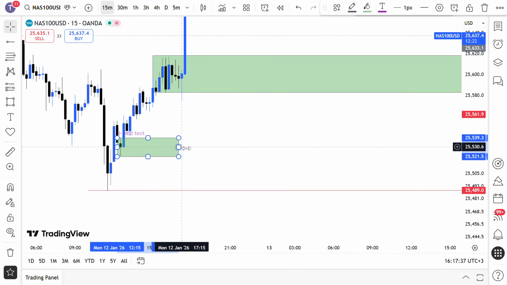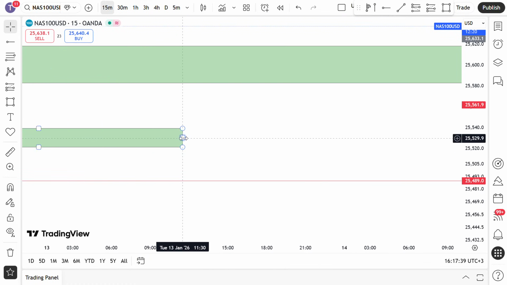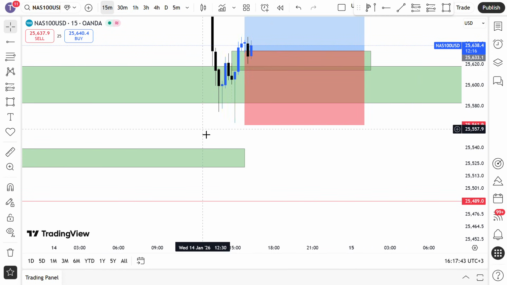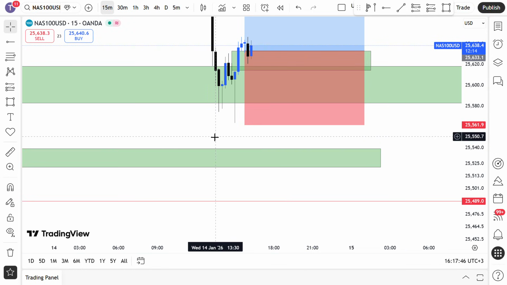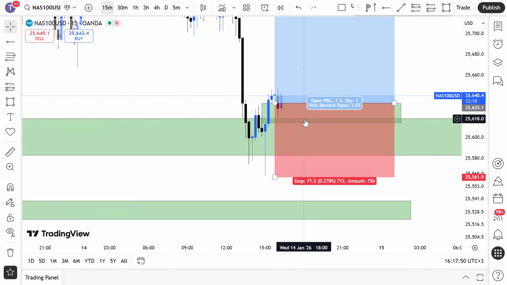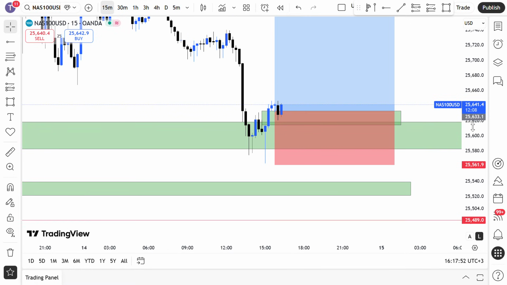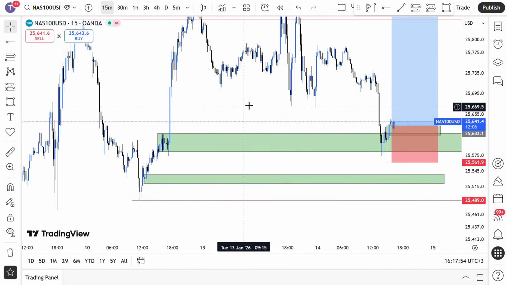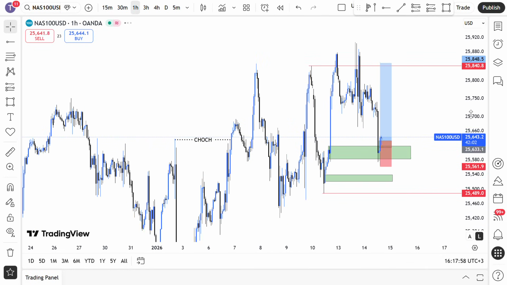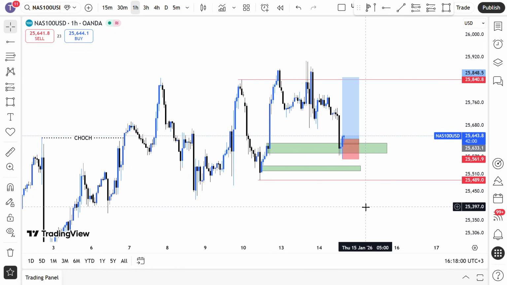We have this order block from the 15 minutes time frame, but I don't really think the price will be coming to that low because we already have a very good reaction from this point. So that is my entry point to the upside from that area. So we just wait to see what the price will be doing, and that is my view on NAS 100.